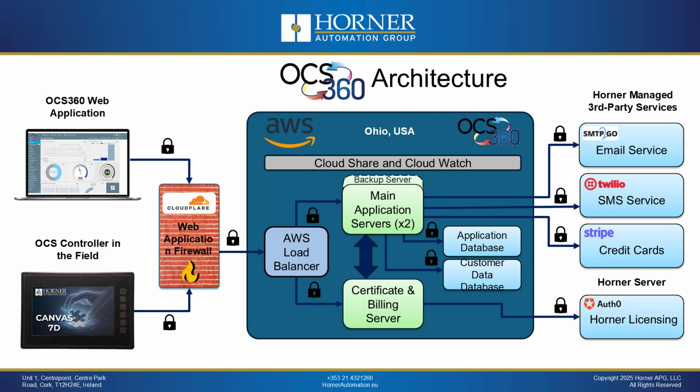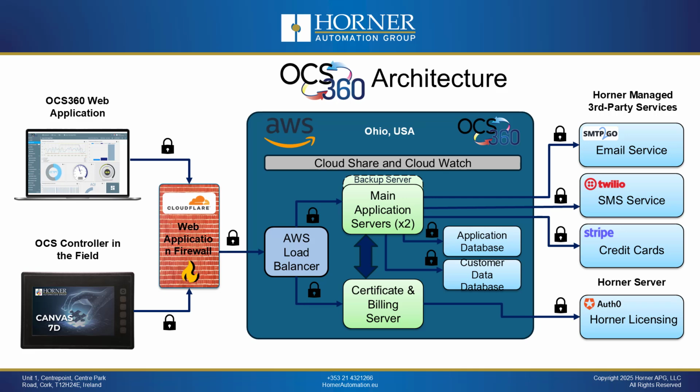Now, in addition to storing your application and storing your data in those databases, there is also other functionality within OCS360 that is linked to third-party services. For an email on an alarm condition, the OCS360 service utilizes a third-party email service to actually send those emails. Now, none of the sensitive information is stored externally.